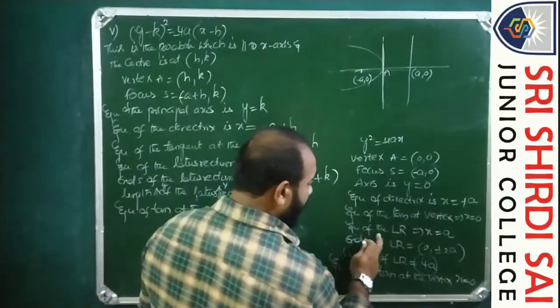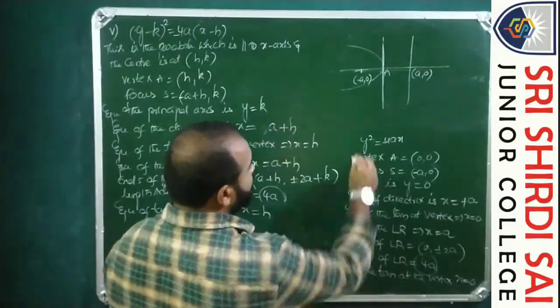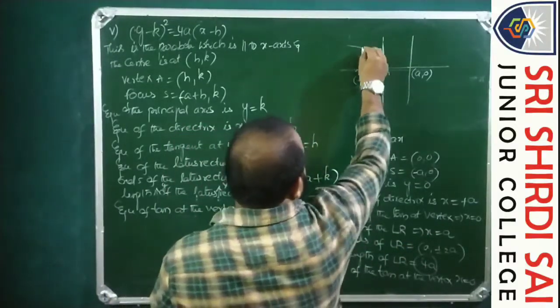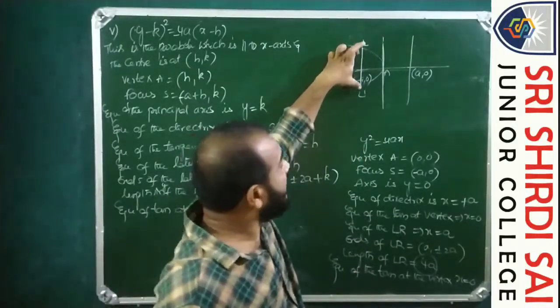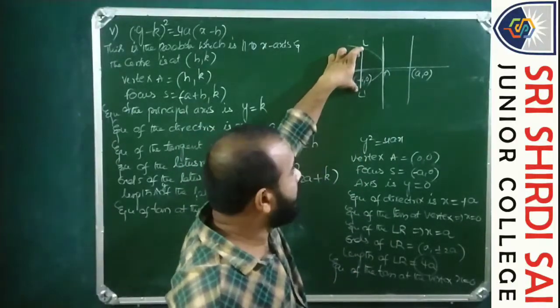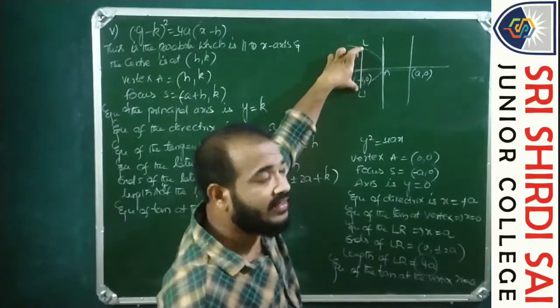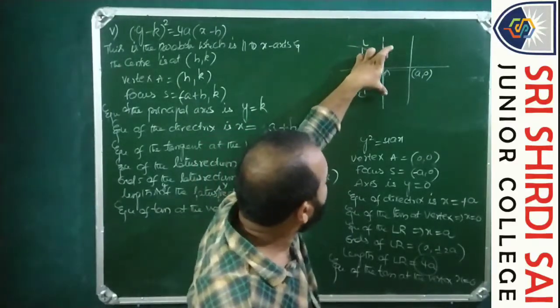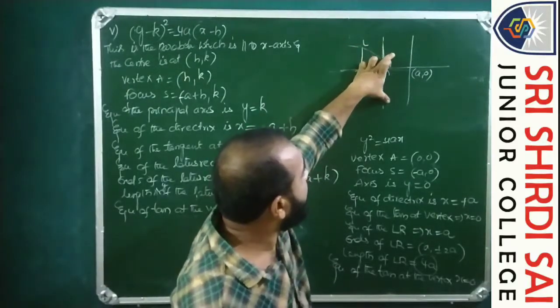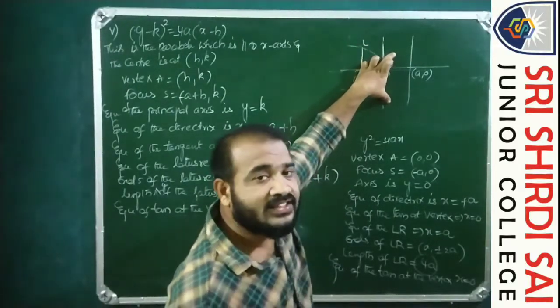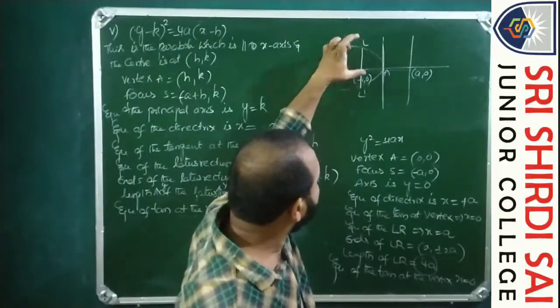Next, equation of the latus rectum, x equals to a. So this is the latus rectum, right? This is L dash. So this is the equation of the latus rectum. This latus rectum is the line. That line is parallel to what? Y axis. Which is of the form x equals to something. So x is equals to how much?